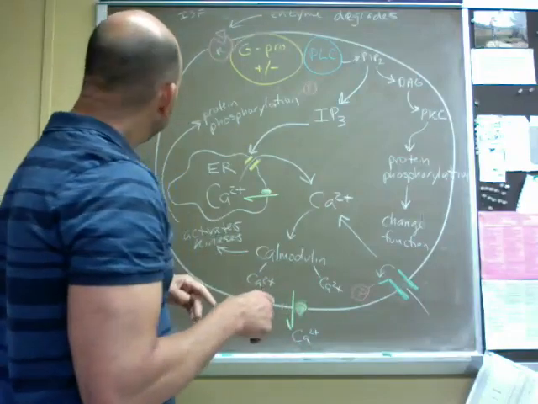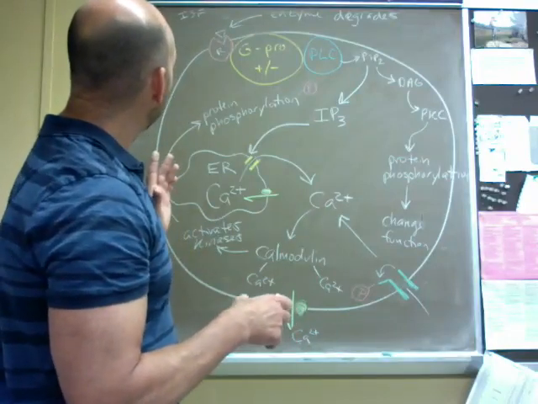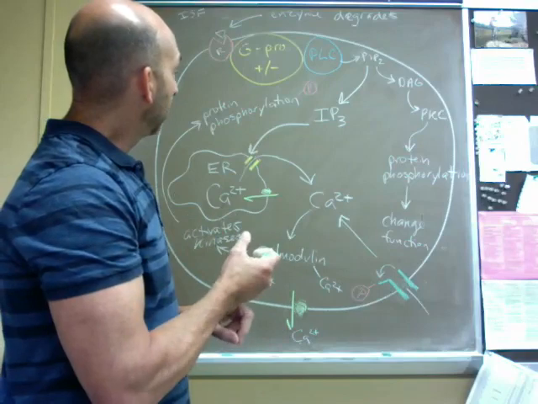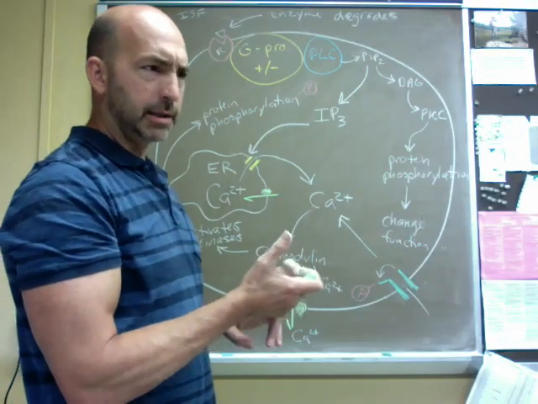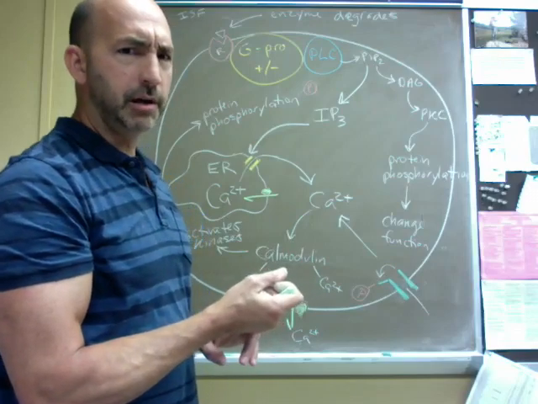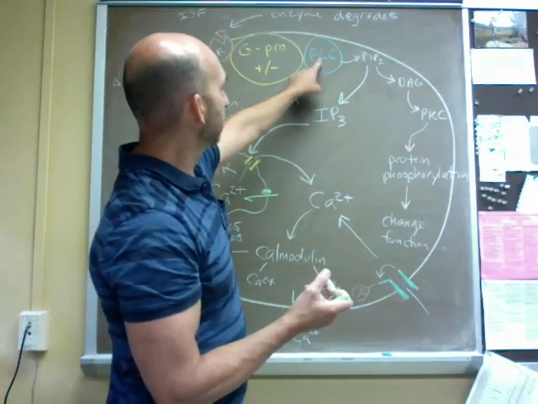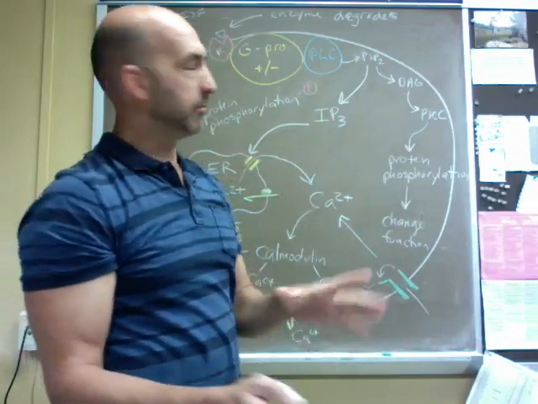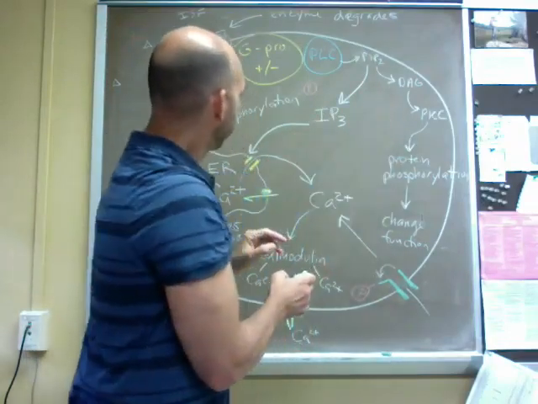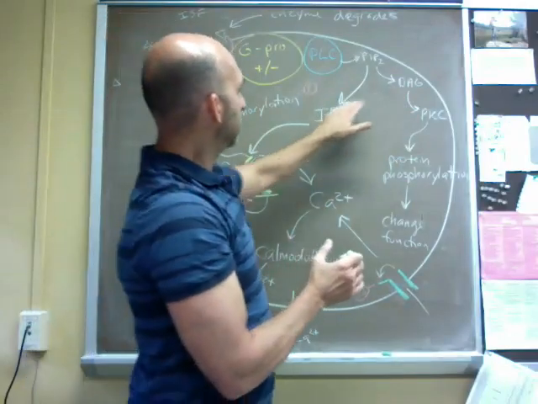Okay, so I think we've got our hydrophilic hormone signal transduction mechanisms. We did adenylate cyclase and guanylate cyclase in a previous video, and now we've done the PLC and the IP3 DAG. We still get amplification because we get lots of this. You could think of these two as being second messengers.